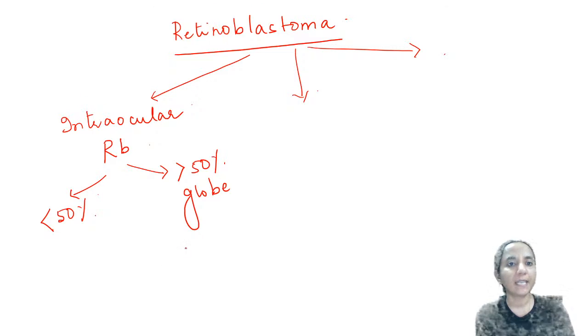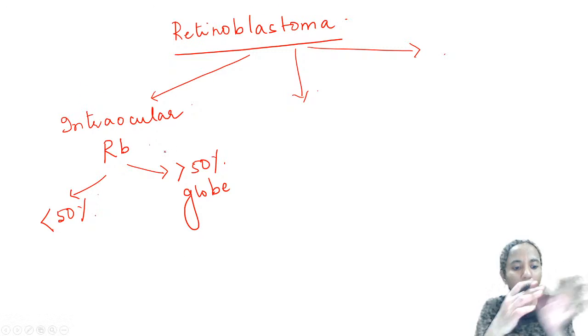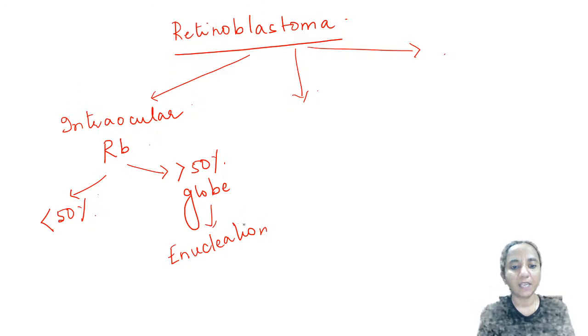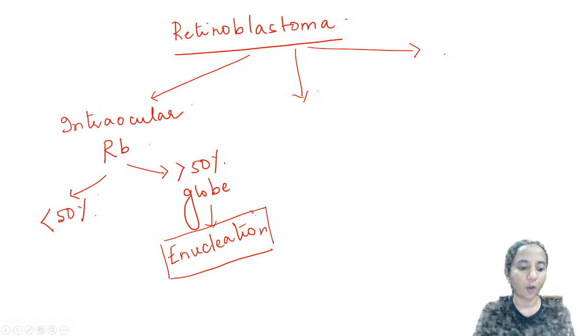See, this has come many times in the past, so I just thought that we'll quickly go over it as a flowchart. If the question says intraocular retinoblastoma and it is occupying more than 50% of the globe, then the answer that you have to mark is enucleation. Enucleation means removal of the globe with a portion of the optic nerve.